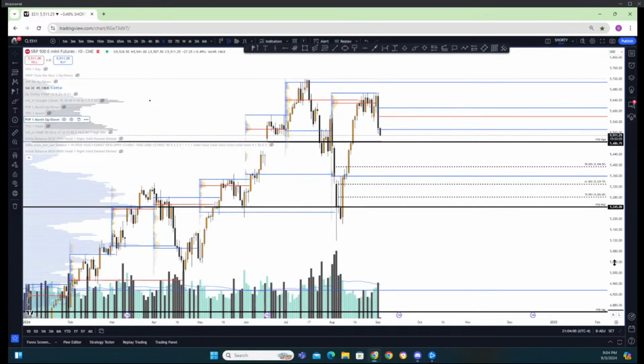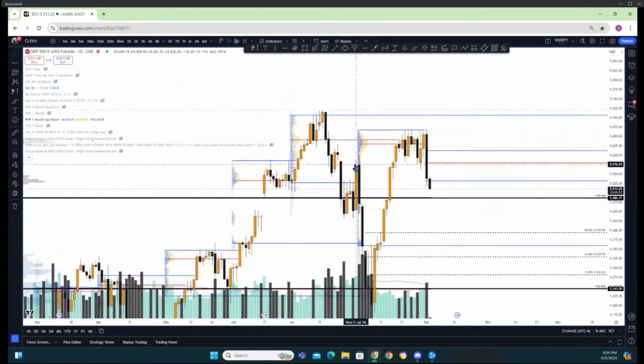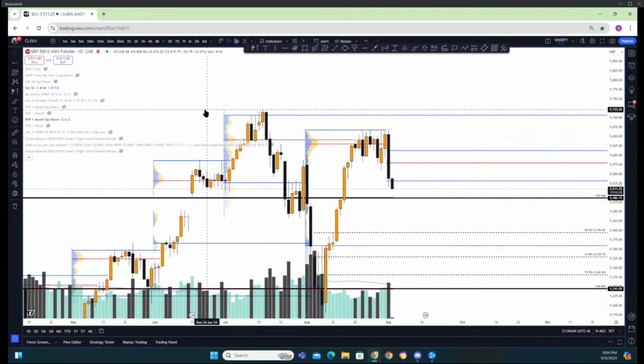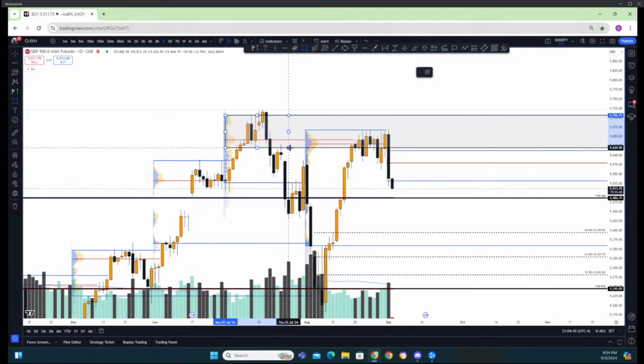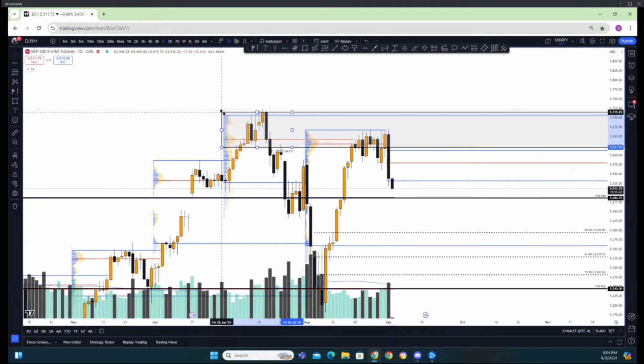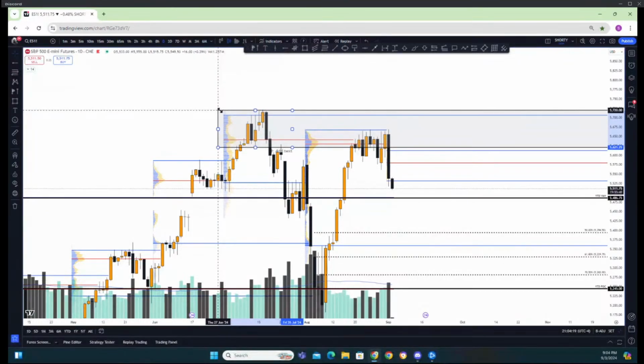Is it like double node, double distribution? Well, when you think about it, they consolidated here for some time. I think they went above. See how they went here? They consolidated here for some time. So this was the consolidation. When you want to find the zones of discounts and premiums in the stock market, what is the percentage on fibs that they use to find that?